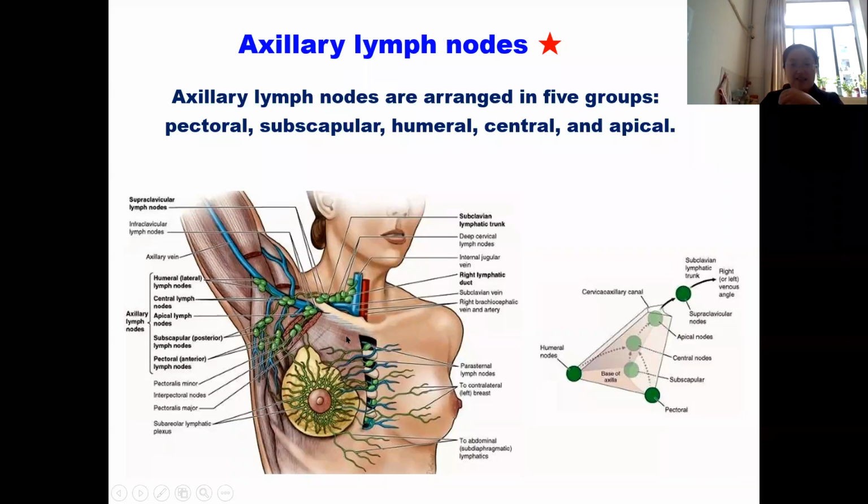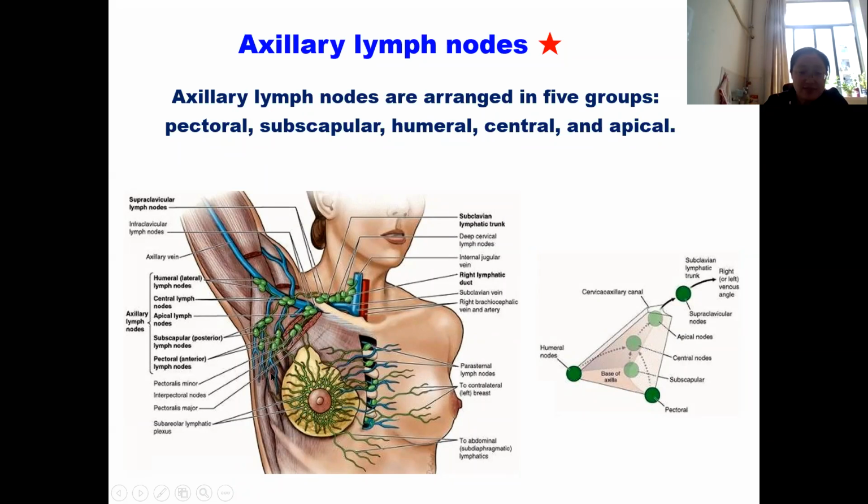Okay, axillary lymph nodes can be divided into 5 groups. One group, for example, aligns along the pectoralis major and pectoralis minor. We call it the pectoral group. This is the anterior group. The anterior group drains about 70% of the lymph of the mammary gland.